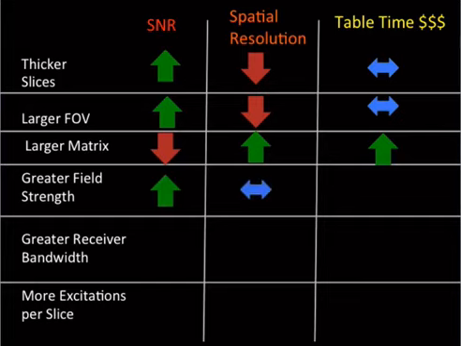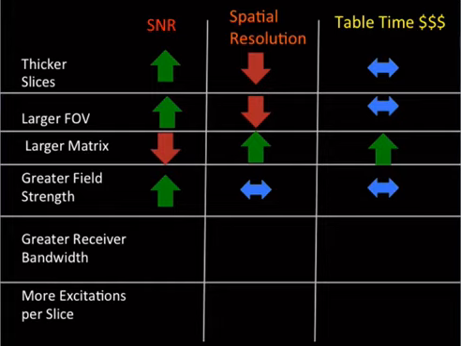Should have no effect on spatial resolution. The effect on table time is probably marginal. You may be able to argue that by increasing field strength, this increases tissue T1 times and therefore acquisition time. I would say it's marginal. I would say that it doesn't affect table time in any way that actually matters.